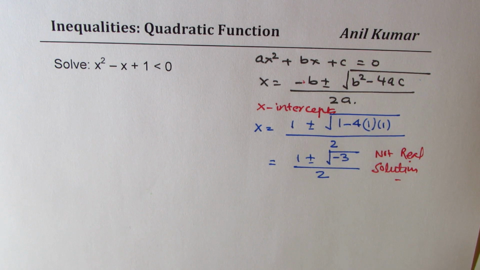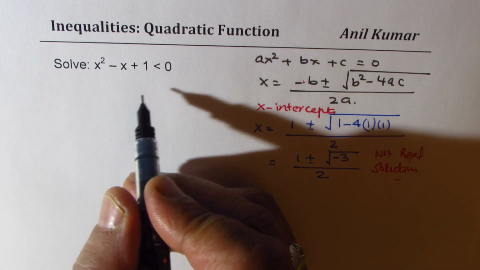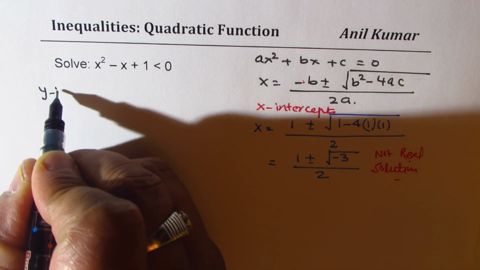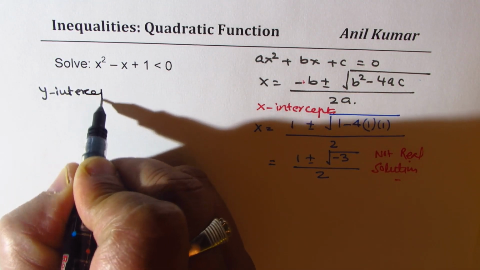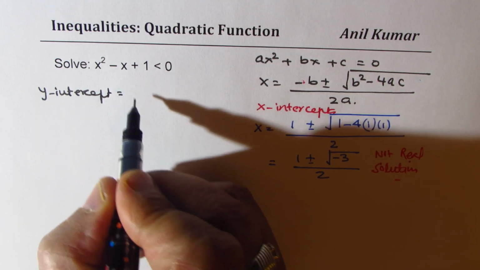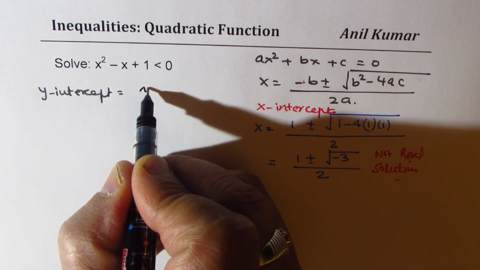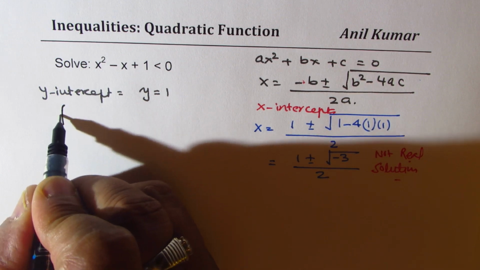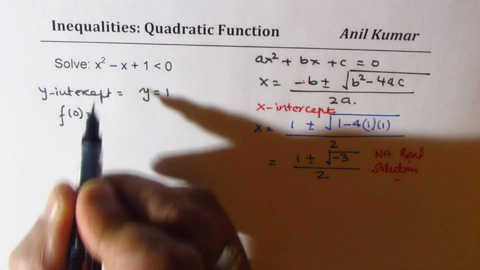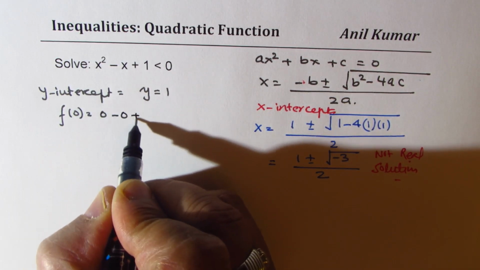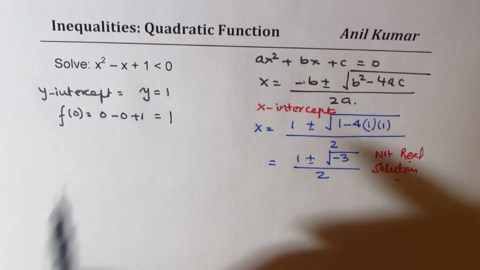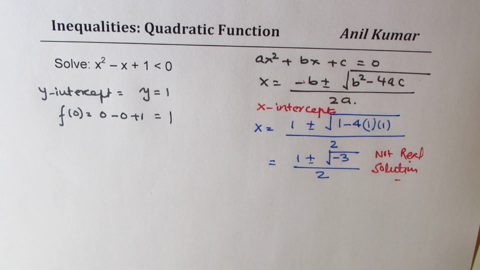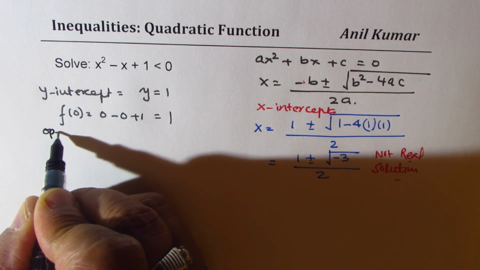So we can see that the y-intercept is at y equals 1. If I write x equals 0, that means f of 0 is what? If I write 0 here, I get 0 minus 0 plus 1, which is 1, correct? So y-intercept is 1. Also, the parabola opens up.